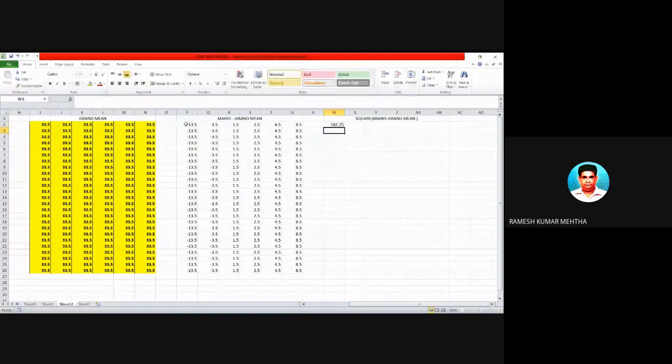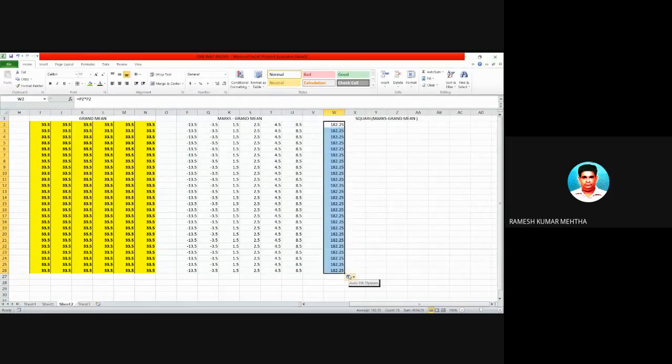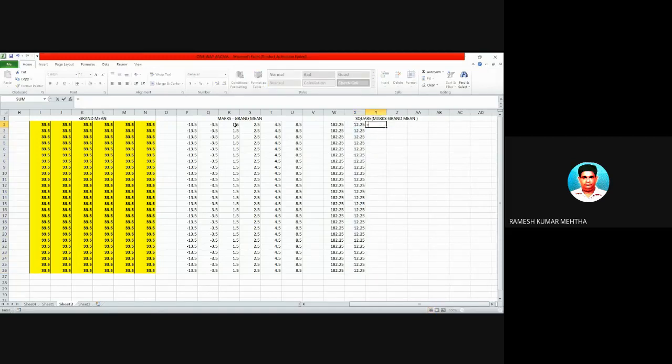So I got 18225. Now I drag it, because in the same way, if I multiply this with this one, I will get this one. Next one is equal to this into this, and drag it to the bottom. The third one is this into this, which is 2.25.